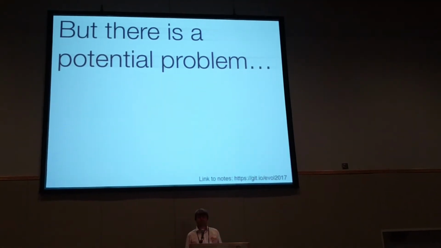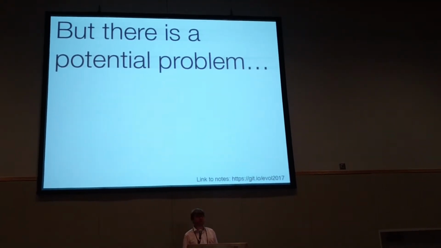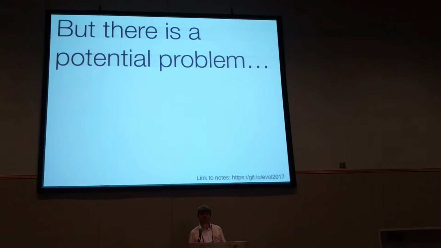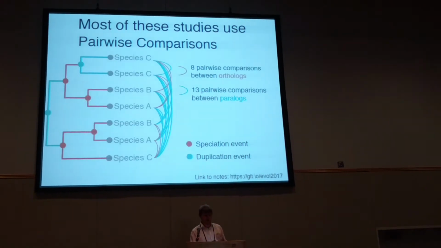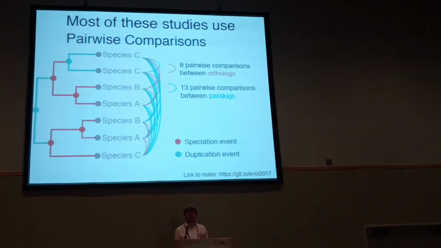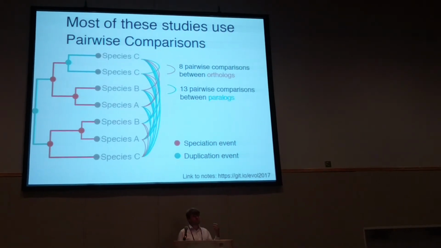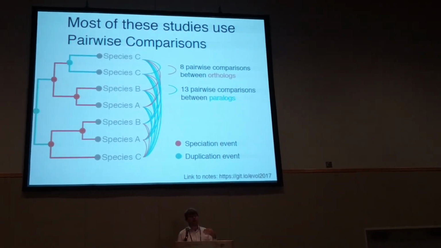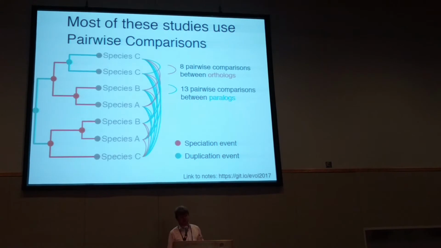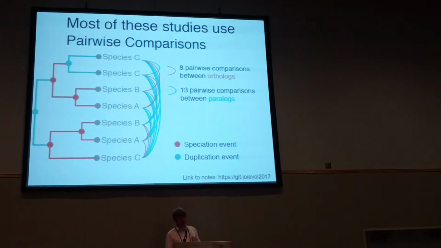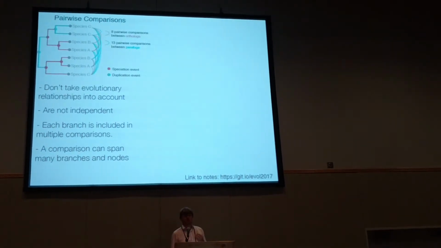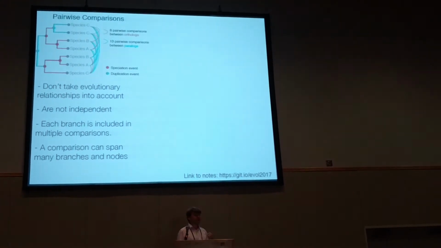But there's a big potential problem with the way comparative functional genomics is being deployed right now. And that's that most of these studies rely on pairwise comparisons between attributes of genes across species and across homologs within gene trees. So folks in this room certainly know why this can be problematic.